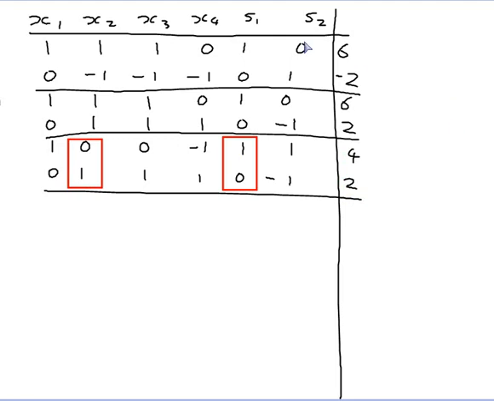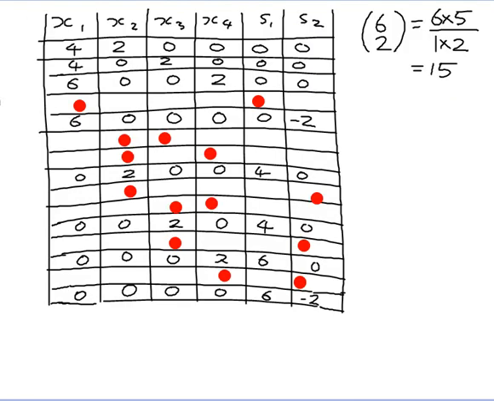Well, now I reckon I'll go back and have a look at my list and see if there's any I'm missing. Well, the first one that's missing is x1 and s1. So let's go back and have a look at x1 and s1 in my row reduction.